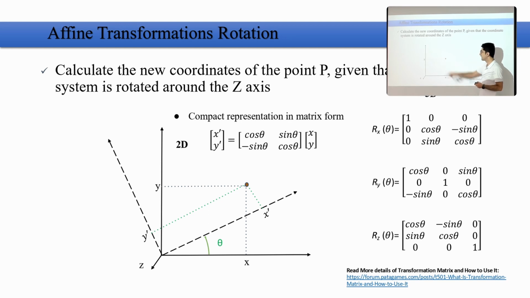And if you want to rotate this point around the z-axis, let's say we have theta and we want to rotate this point around the z-axis by an amount of theta. What is actually happening?